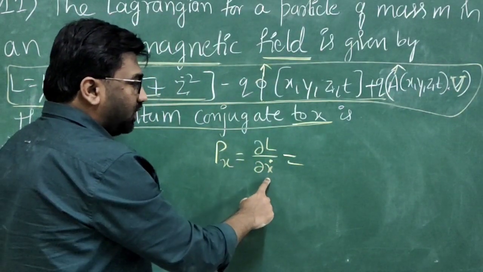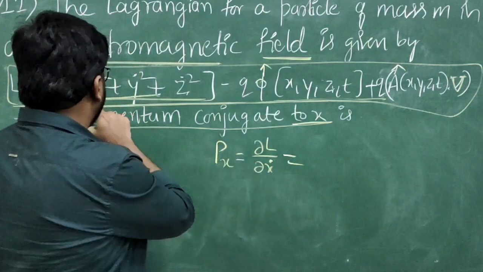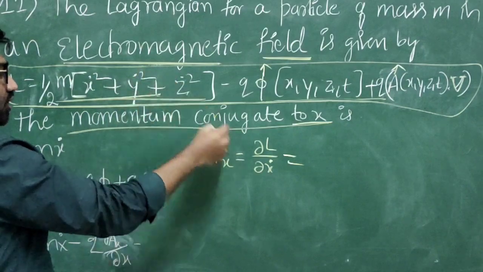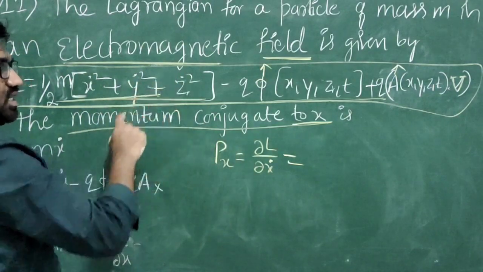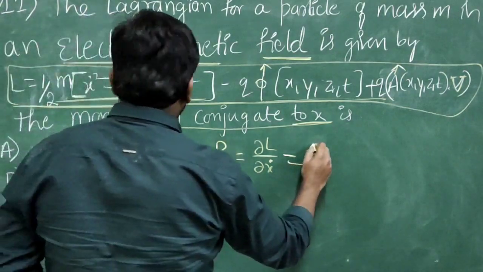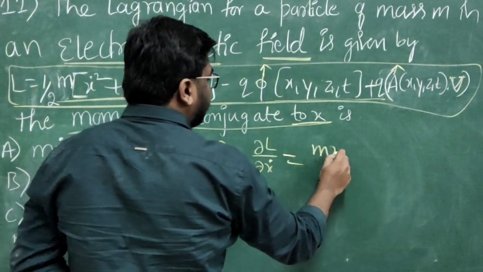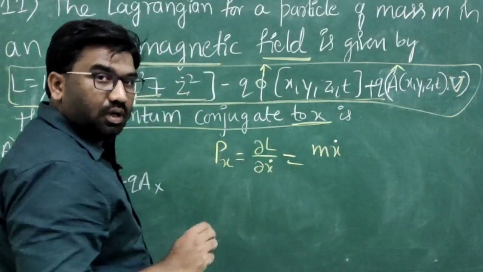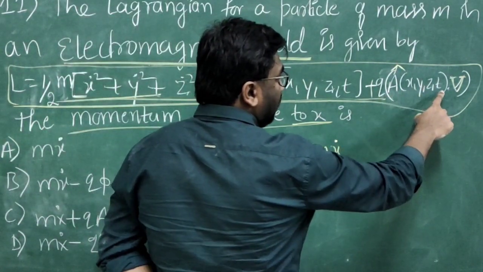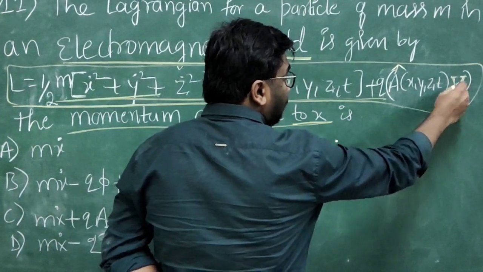So ∂L/∂x dot is equal to, if we differentiate this, while differentiating with respect to x dot, all other y and z are constants. So it has m x dot, and also we have A(x, y, z, t) dot v.